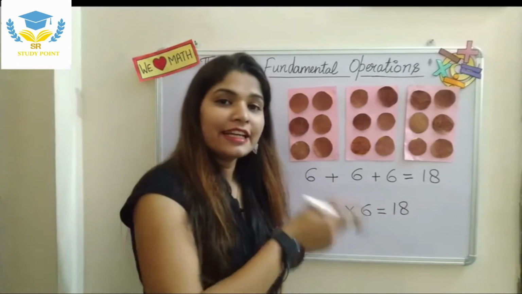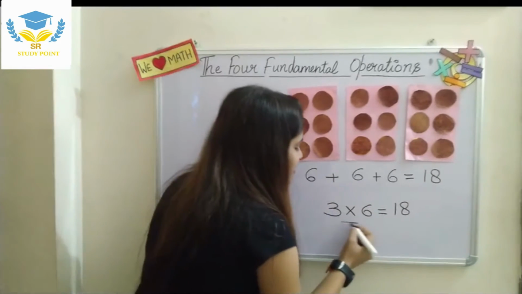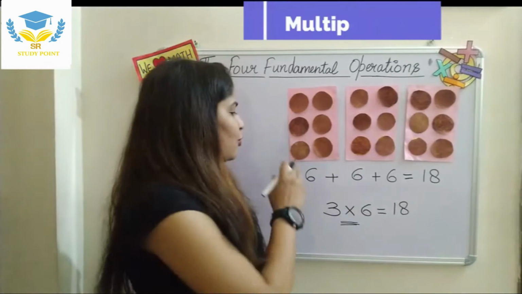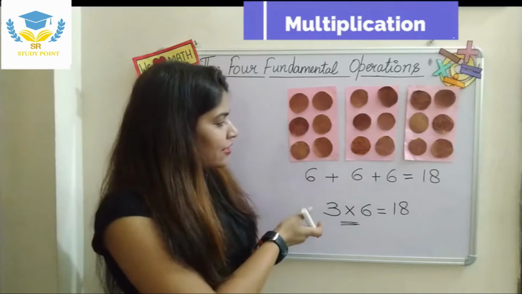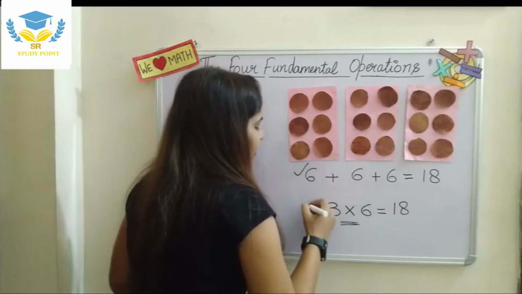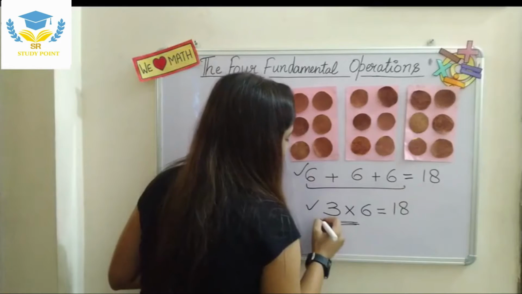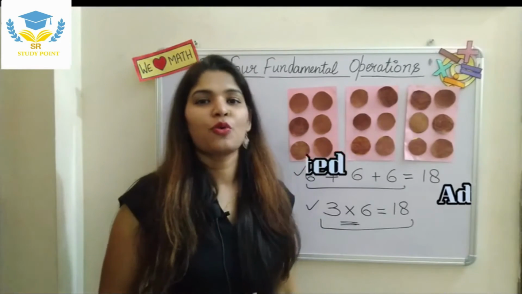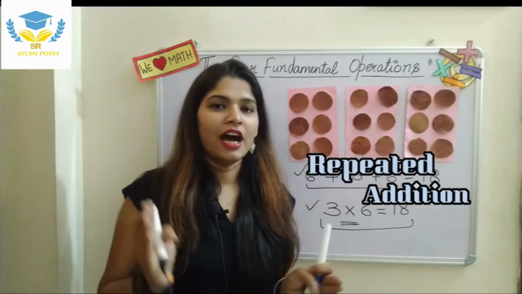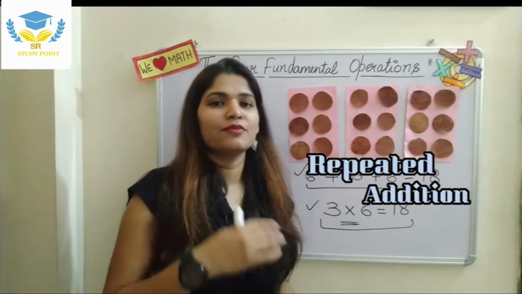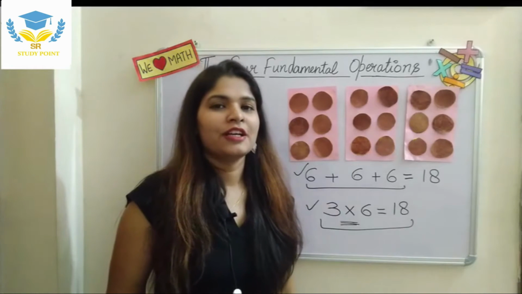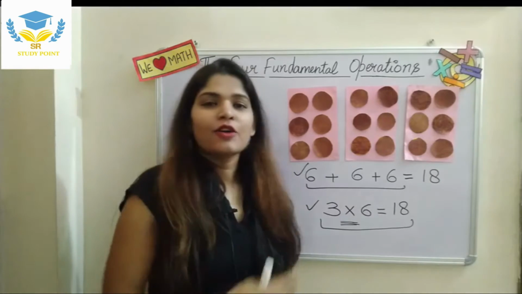So what is this called? This is called multiplication. So did you notice, children, the relationship between addition and multiplication? Yes, multiplication is also known as repeated addition. When we are repeatedly adding one term several times, that is known as the multiplication operation. So I hope you have understood this.